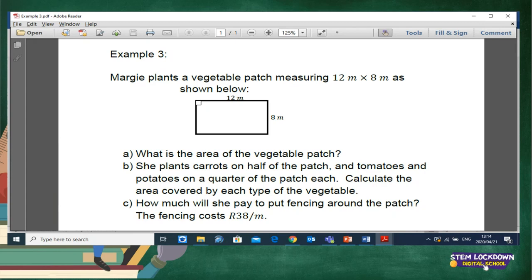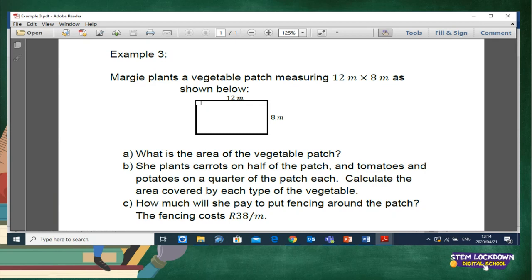So first things first, we need to find out what is the area of the vegetable patch, and it should be easier. You should know by now that if you want to calculate the area, you will have to multiply the length by the breadth. And what is the length of this vegetable patch, or the length of this terrain?